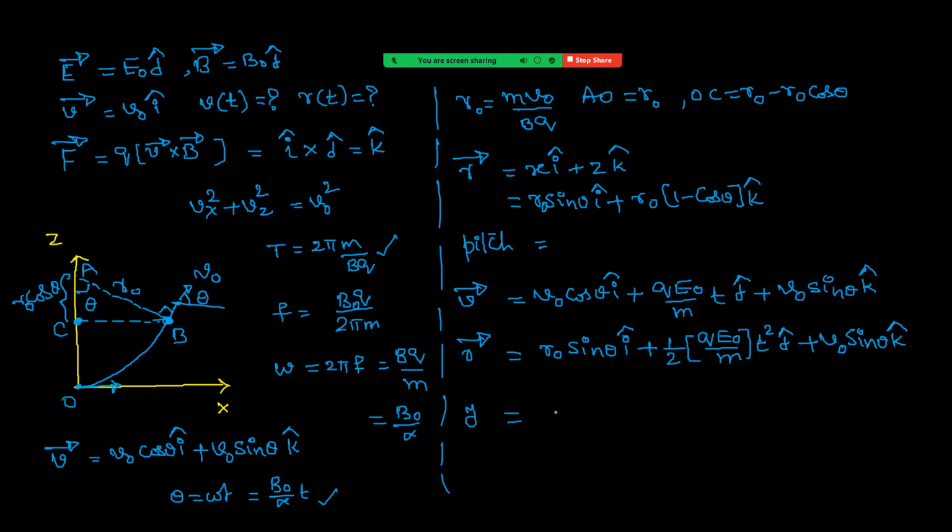So y coordinate is half q E naught by m, half a t square. After n revolutions: one revolution takes time 2 pi m by bq, so n revolutions means n into T, n into 2 pi m upon bq.